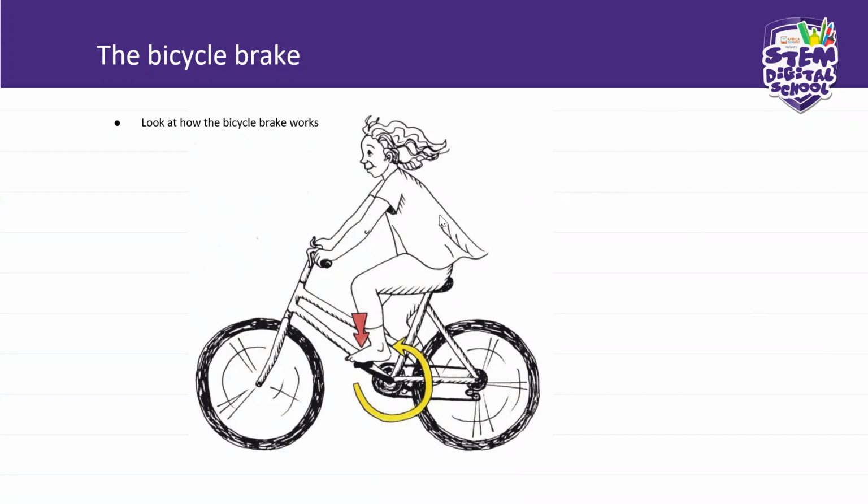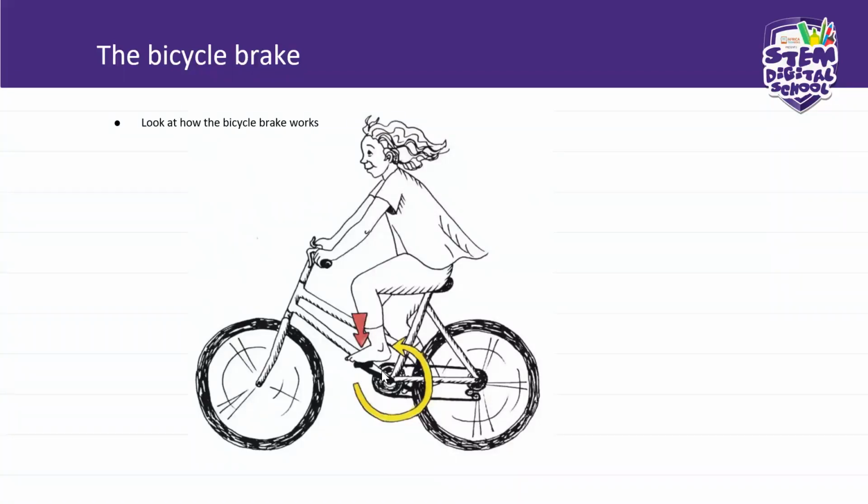So let us look at this bicycle. What is the input for this bicycle? Pedaling. Yes, good. Pedaling will be the input, okay? There's the foot, the arrow on the pedal.